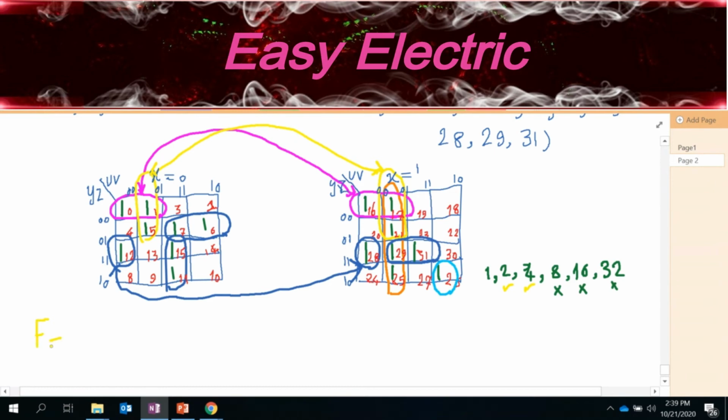So F equals, first write the yellow group that we have, okay? So see here, whenever you move from here, you could follow the X. Here X is 0, here X is 1, so no X for this group, okay? Here Y is 0, 0, so it should be Y prime, right? The Z is 0, 1, so it is gone. How about UV? UV here is 0, 1, here is 0, 1. That means it should be U prime V, okay? Plus.